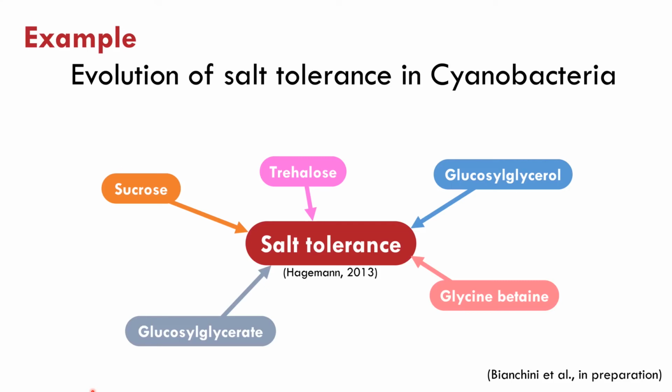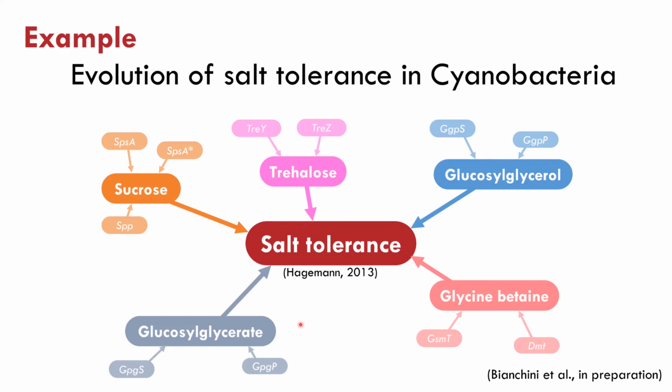The problem is that while we have data for the salt tolerance of cyanobacteria strains, because we know where the strains have been sampled from, we do not have this data for the production of compatible solutes, just because not all of the cyanobacteria have been tested for these molecules. However, we know what genes are involved in the synthesis of these compatible solutes.